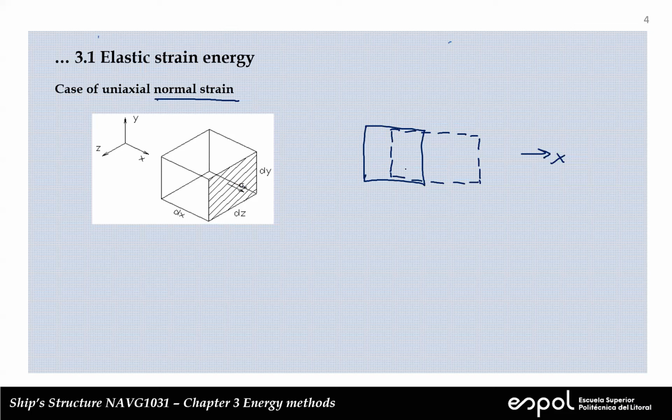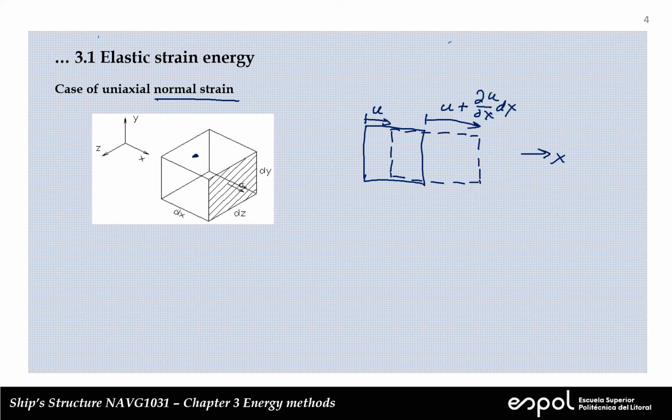So this side here moves a certain amount U. And this one moves the same as this one here, but a little bit more. That's U plus a change. Since we're moving from here to here, the only change is in the X direction. That means that this is equal to du/dx times dx.